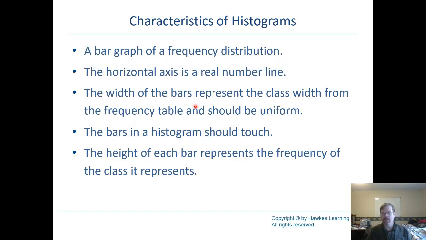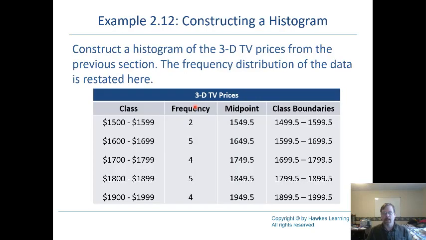So if we were to look at our 3D TV price data and frequency distribution from section 2.1, we've got that here. We've got our class boundaries, our midpoint, and frequencies. If we were to plot this as a histogram, we'd have bar charts where each bar is touching with these heights, and it would end up looking like this.